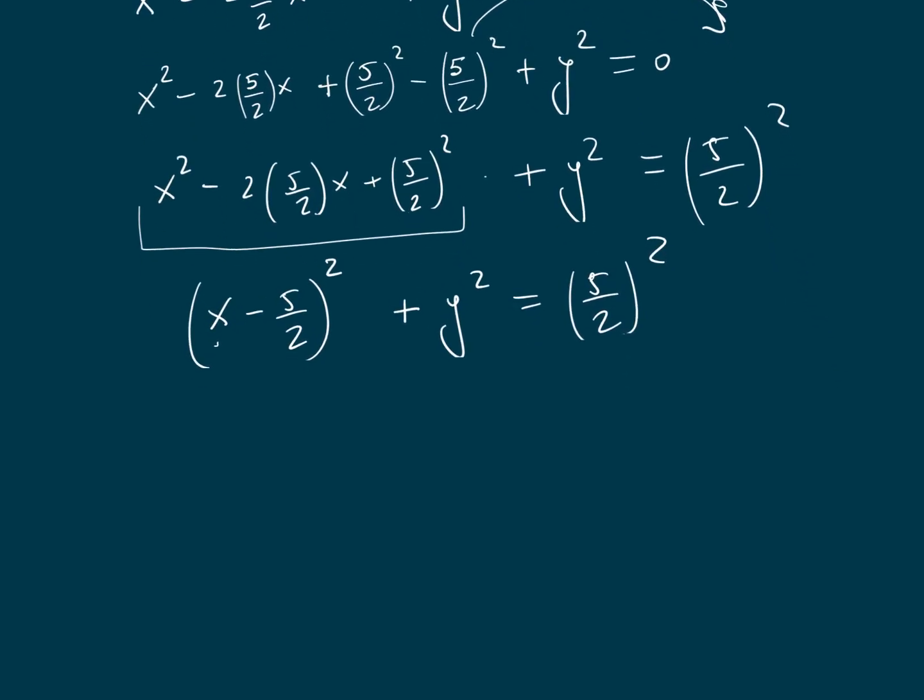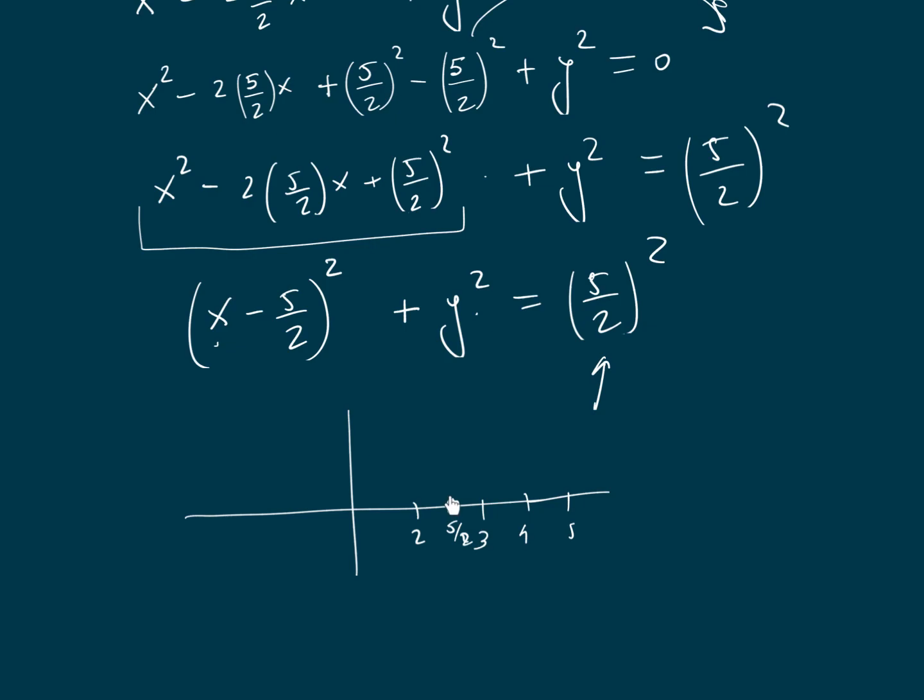A circle of radius 5 divided by 2, with center at the point 5 divided by 2, comma 0. So the center is at the point 5 divided by 2, comma 0, and the y coordinate of the center is 0.